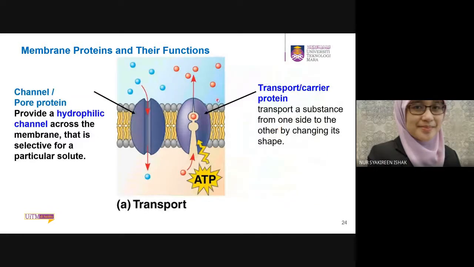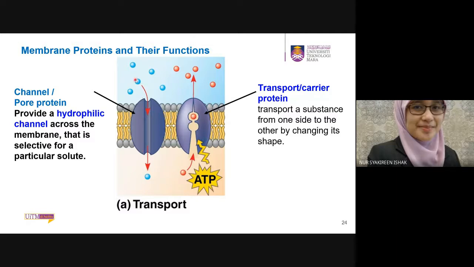For channel protein here, we can also call it pore protein. They have a region at the center here, which we call a hydrophilic channel. Why do we call it a hydrophilic channel?